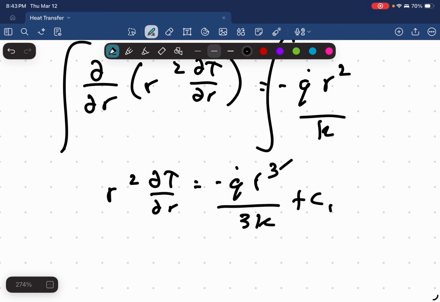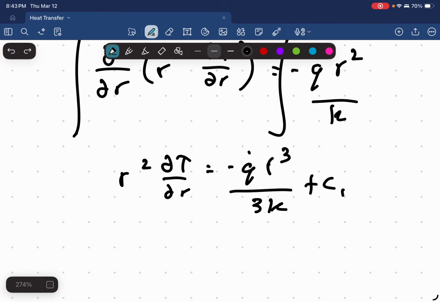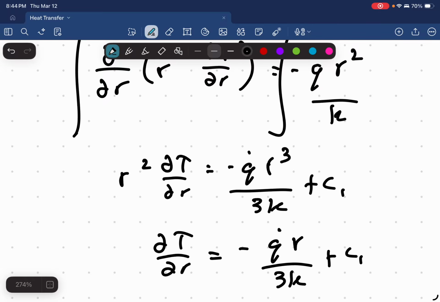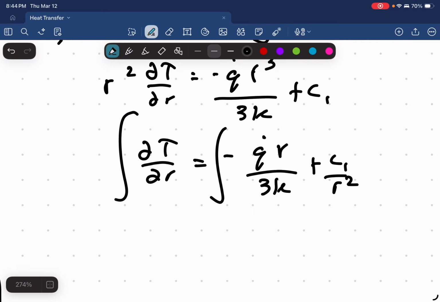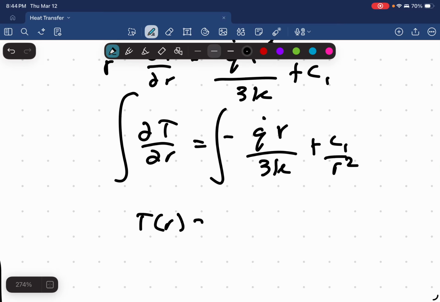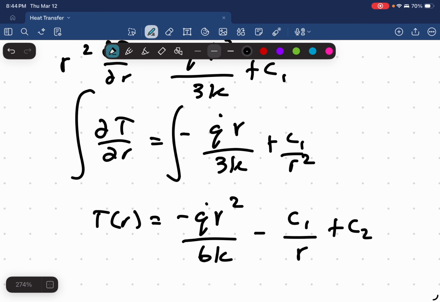And now we divide by r squared, and we get dT over dr equal to negative q dot r over 3k plus c1 over r squared. And now we can integrate. Now we have T of r equal to negative q dot r squared over 6k minus c1 over r plus c2.